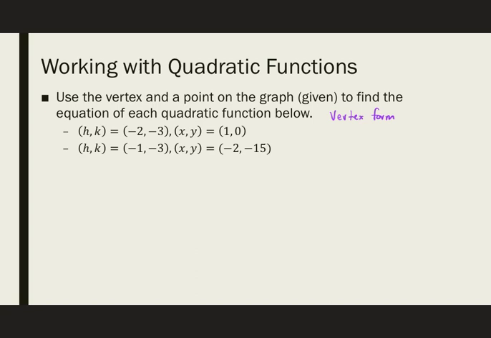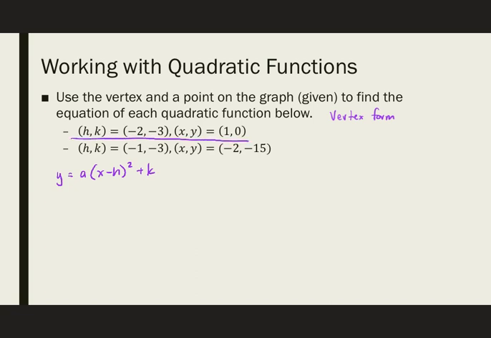You can do them in general form, but it gets annoying and really difficult, and I don't recommend it. So start in vertex form. Vertex form says f of x, or we'll call it y, is a times x minus h squared plus k, and we're going to start with it blank.